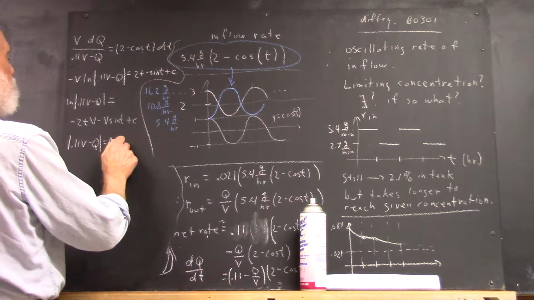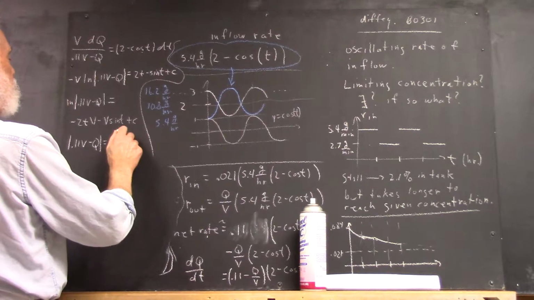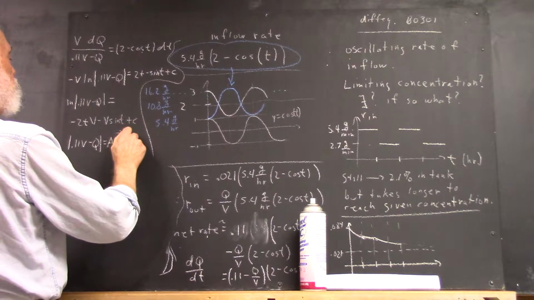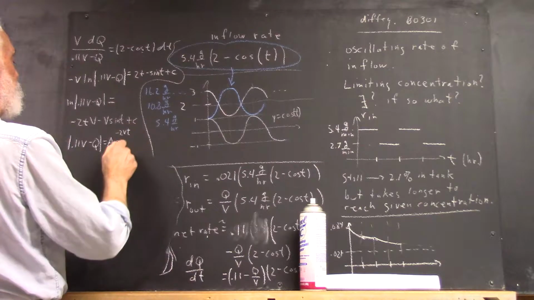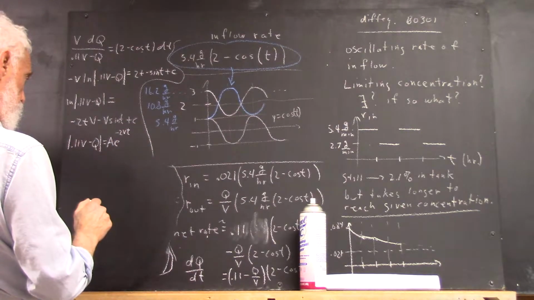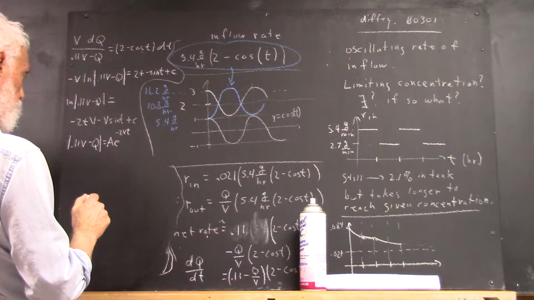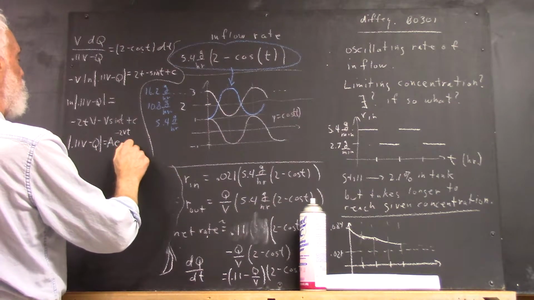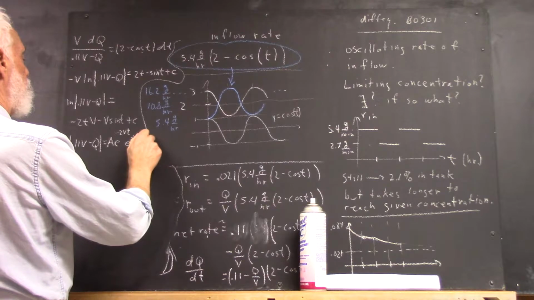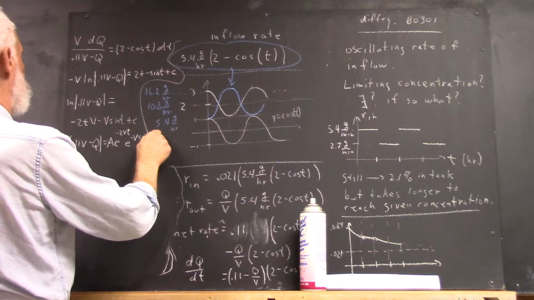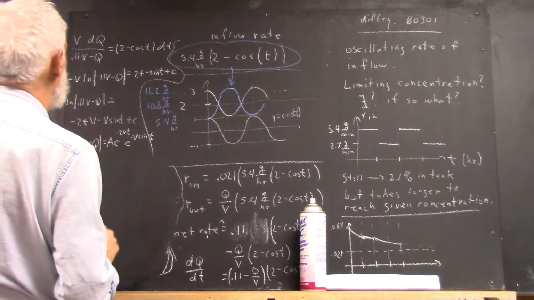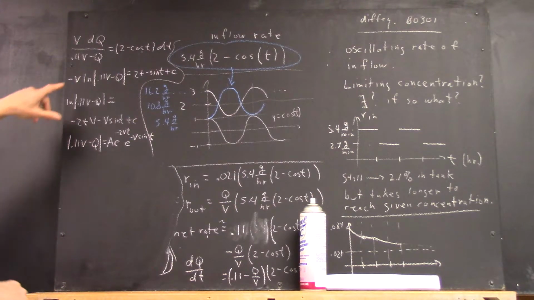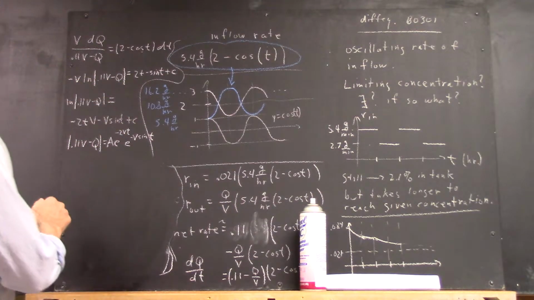And then we're going to have, and I'm going to write it out, e to the negative 2Vt, and somehow that seems a little bit quick, but times e to the negative V sine t. And the problem is that I've put the V over here.